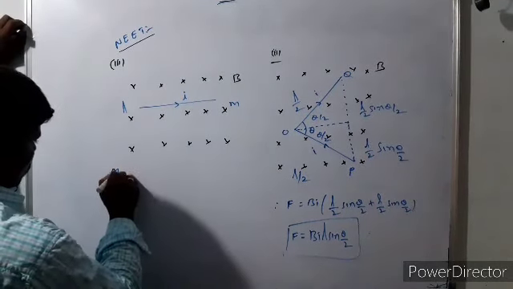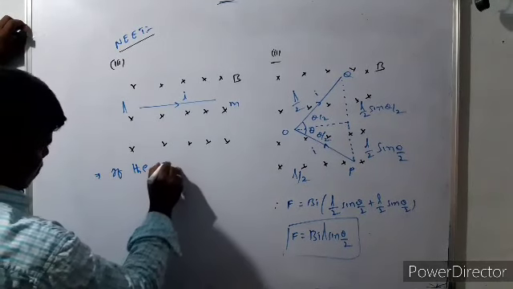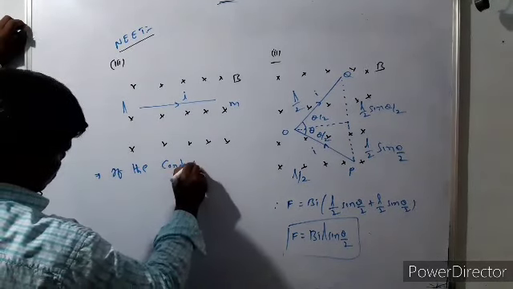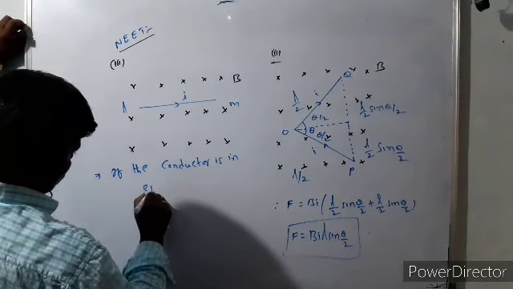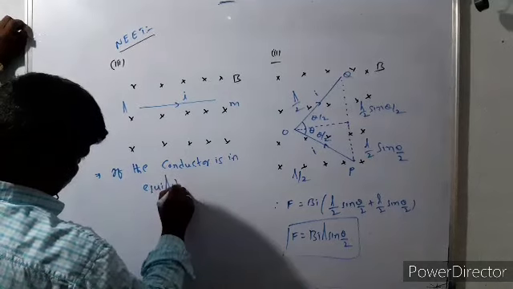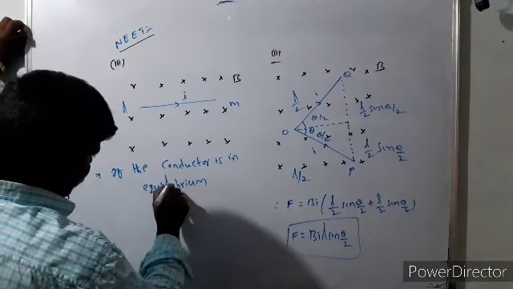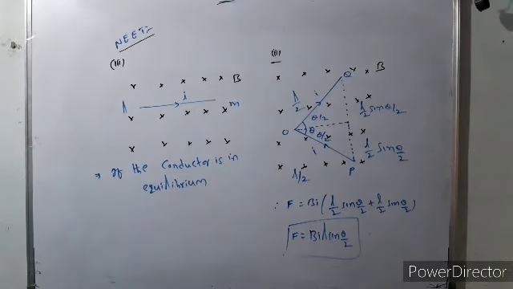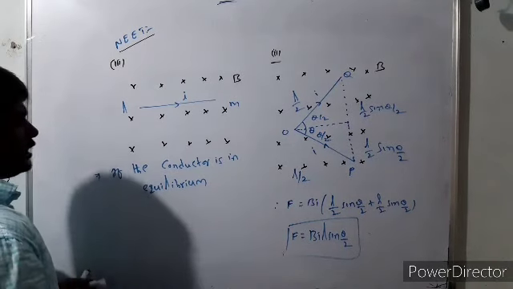If the conductor is in equilibrium, that is, if the net force on the conductor is 0, or otherwise if the conductor floats in the air, what is the condition?